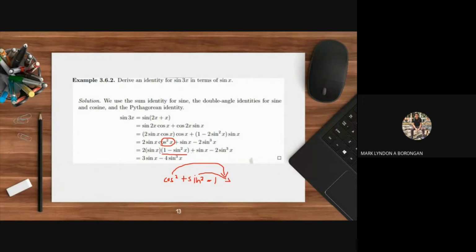Now, after this, we distribute the sine of x. It's more on distribution. Let's say we are given 2 sine x.